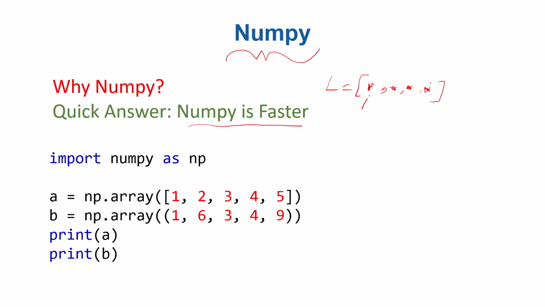If we restrict a list so that all the elements have the same type, then that is what NumPy looks like. But NumPy is way more faster.